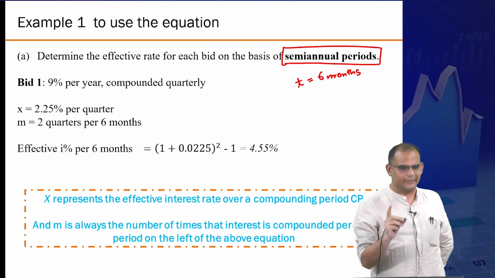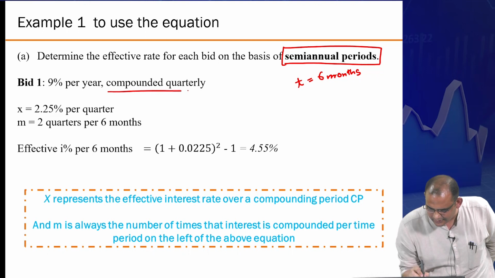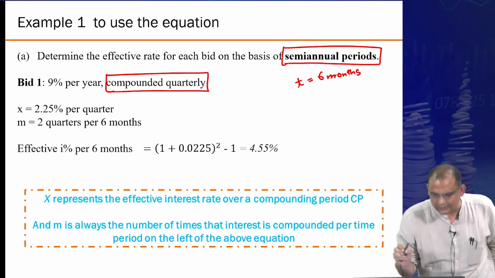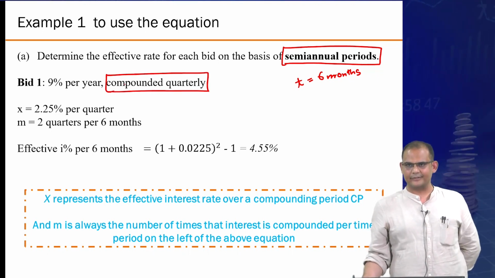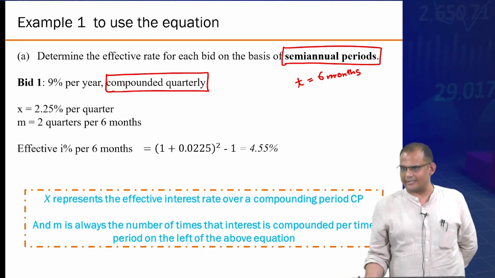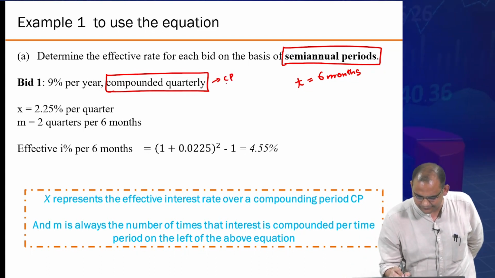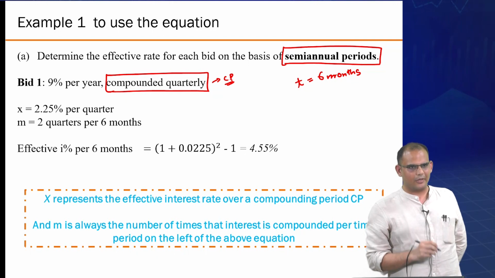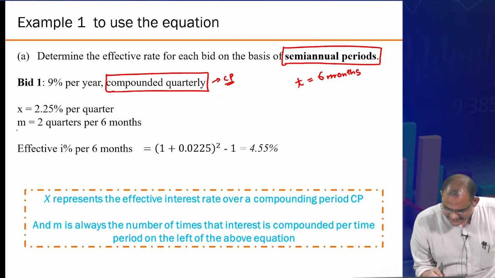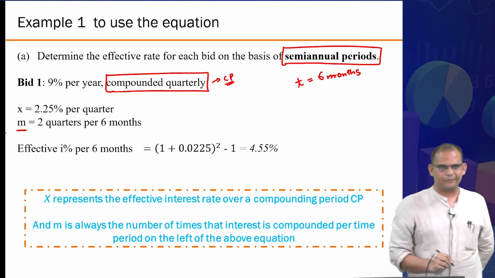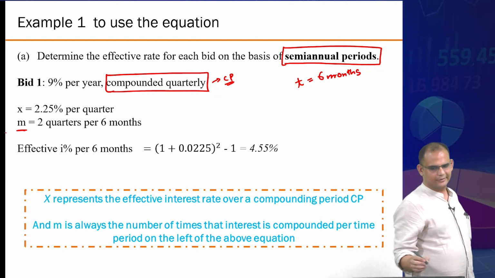But each vendor has given you the information on the CP period. That is something which they have already given to you. So what does the X become? What does the M become? Or 4? Why not 4?